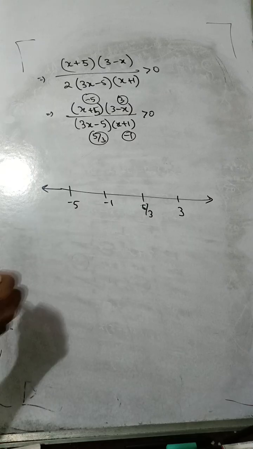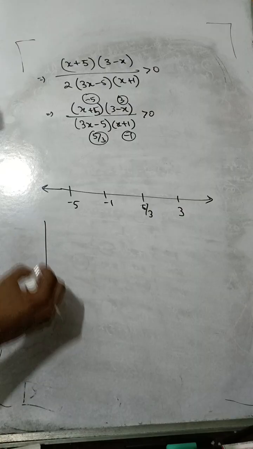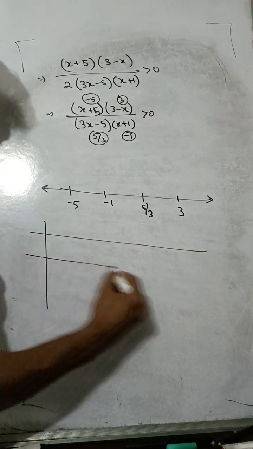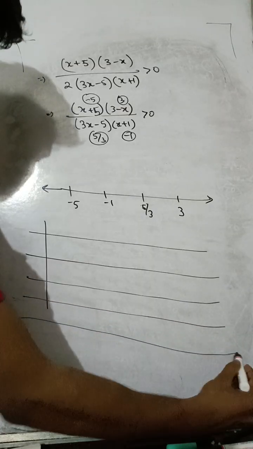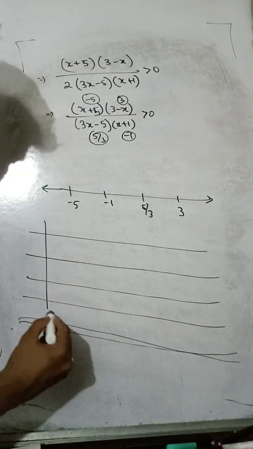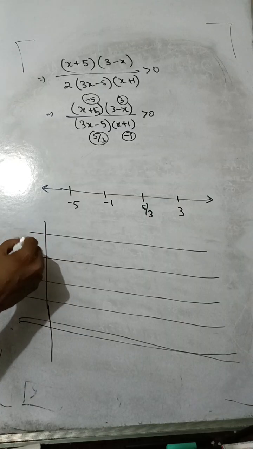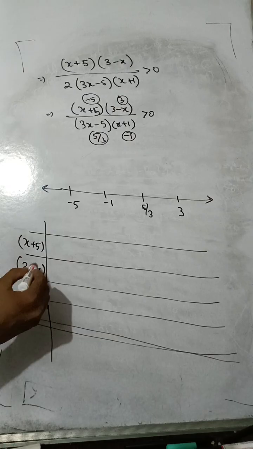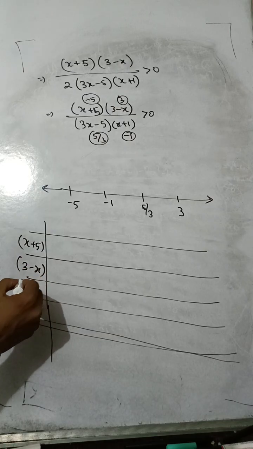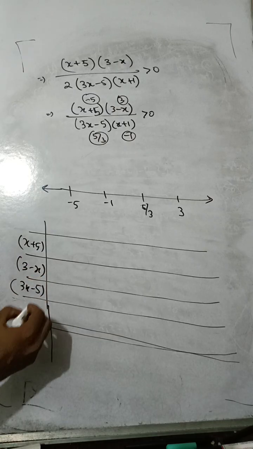So now suppose here is x plus 5, and we have 3 minus x, and we have 3x minus 5, and we have x plus 1.